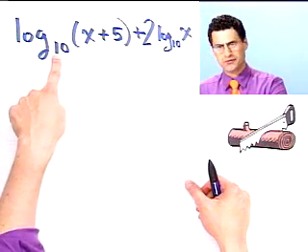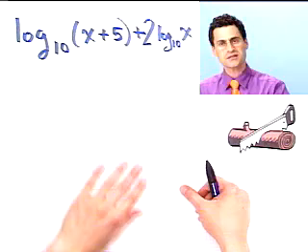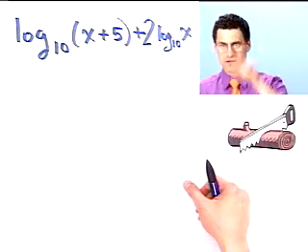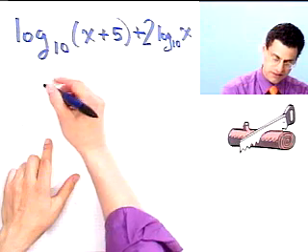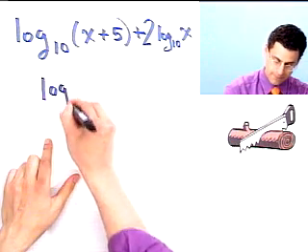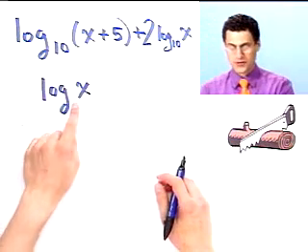By the way, here's a little side note. There's a shorthand. Base 10 logarithms are used an awful lot in life. Engineers use them, mathematicians use them, physicists use them. So a lot of times we just write log with no base written.